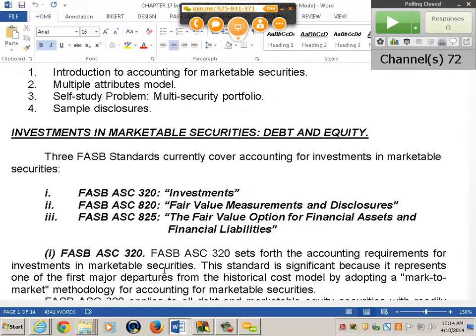If you mark a debt instrument to market and the debt is declining, what's the entry to write this debt down on your books? It's a liability. How do you reduce the liability? You debit the liability, right? What do you credit? What do you think? It's a gain. Yeah, it's a gain.